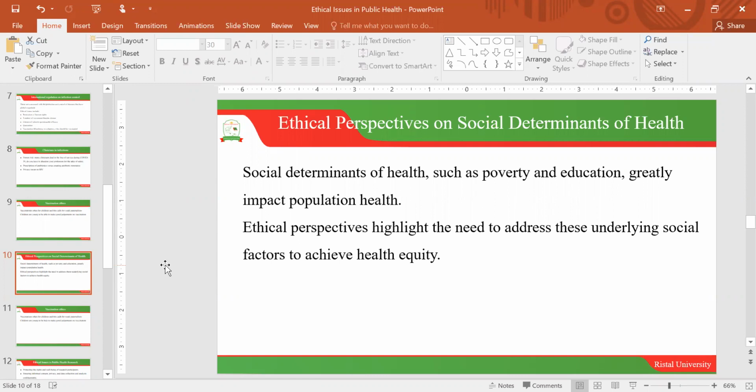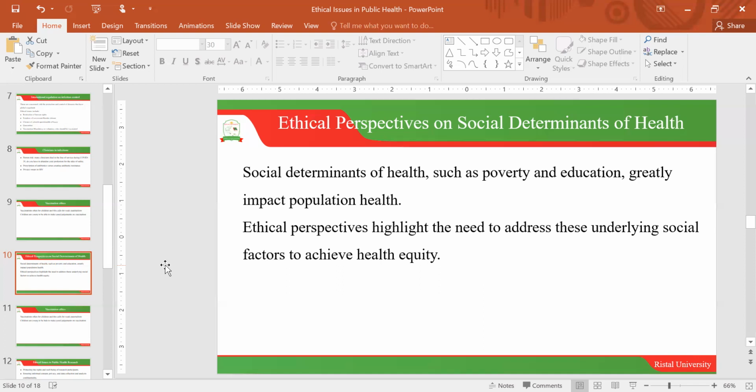If you're born in a poor neighborhood, the chances are that you will have communicable diseases, because of poor sewage, no access to clean water, poor sanitation, the schools are not good ones, all the things will eventually impact on health.